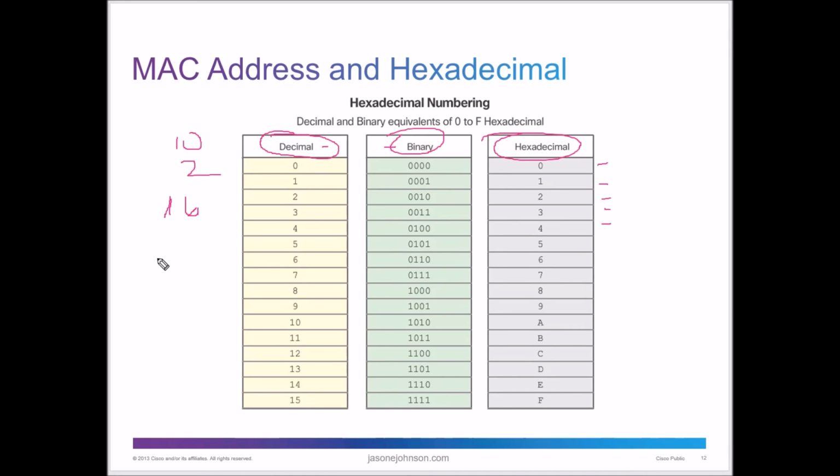So we count from 0, and when we get to 9, instead of starting back over with 1 0 like we do in the decimal counting world, we use the letter A to represent the number 10 on the decimal side. So to represent 10, we use the letter A, and then B, C, D, E, and F, and that gets us to 16. And remember, 0 is a number, so we start at 0, we end at F.